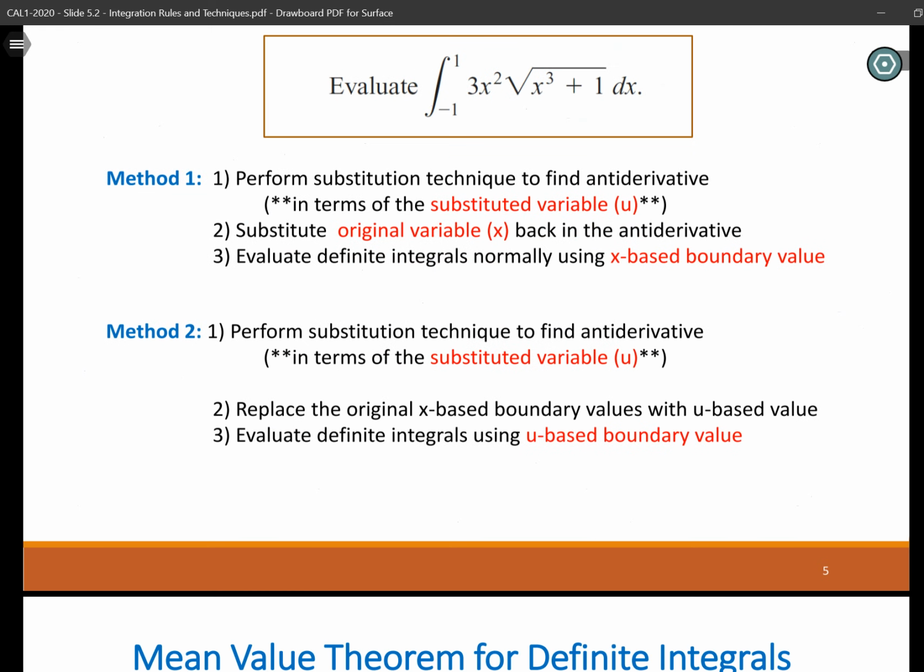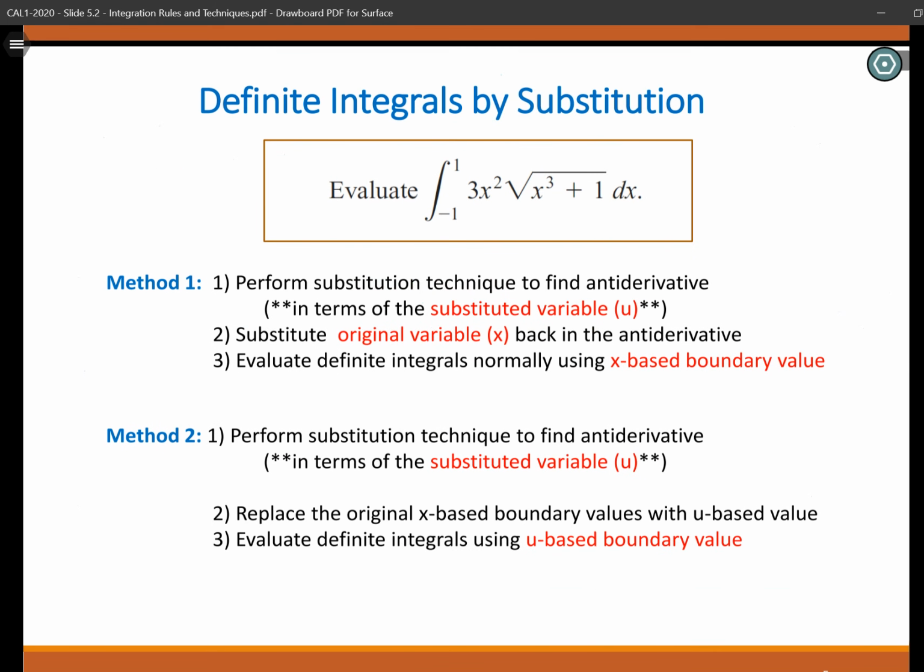Now I made a summary about these two methods. In the end, method 1 and method 2 start the same. You substitute u in the place where you think it's going to work. For me, I like the inside because it's inside another function.